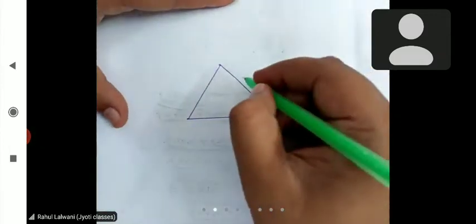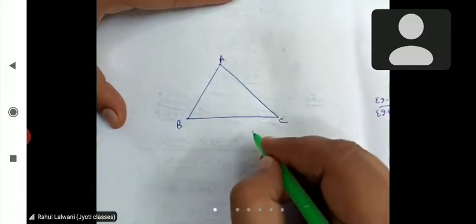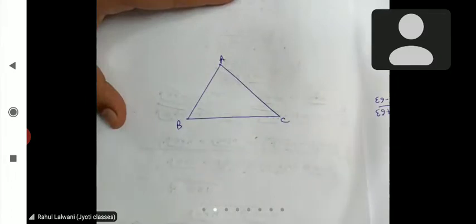We shall discuss one question of this midpoint theorem. Now see, in the figure given below, this triangle is ABC. D, E, F are midpoints of BC, CA and AB.